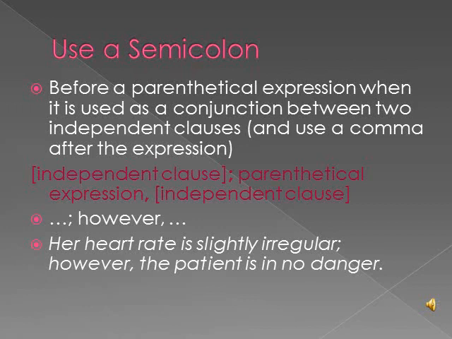We would not need any other words for that to make sense, so that can stand alone as another independent clause. Now we have this word however that links the two of these independent clauses. Is however one of our FANBOYS? No, it's not. So it's not a conjunction. So we need a stronger part of punctuation there. We need a semicolon before however, and notice then a comma after it.